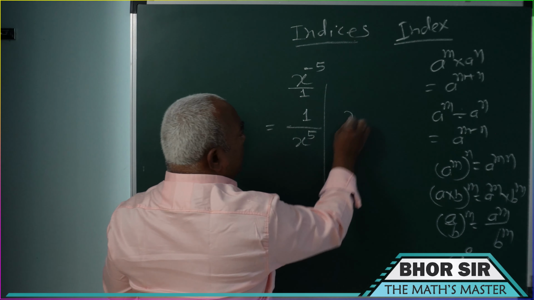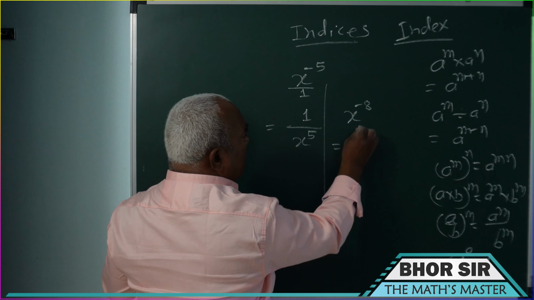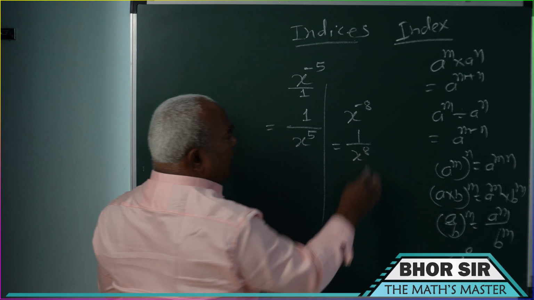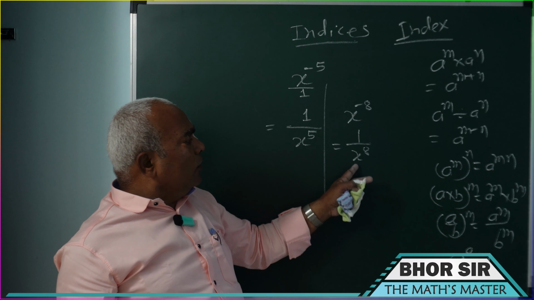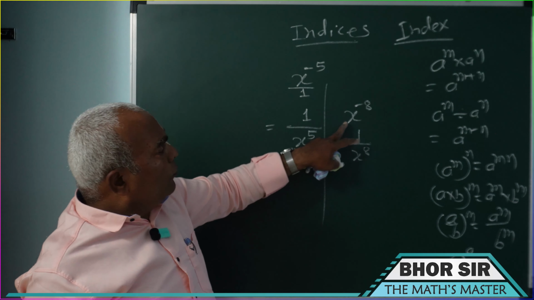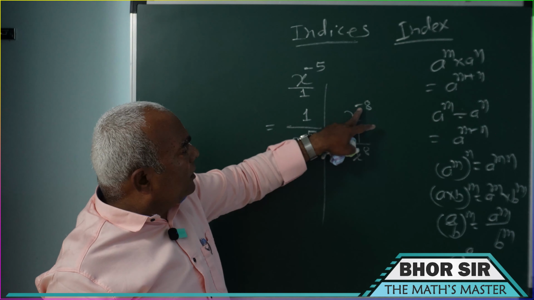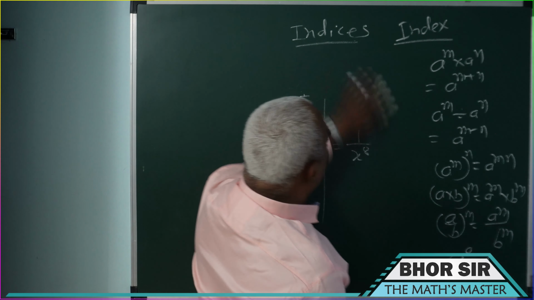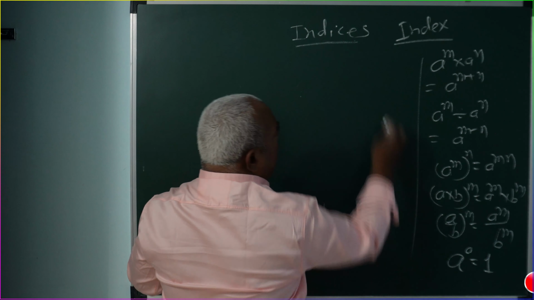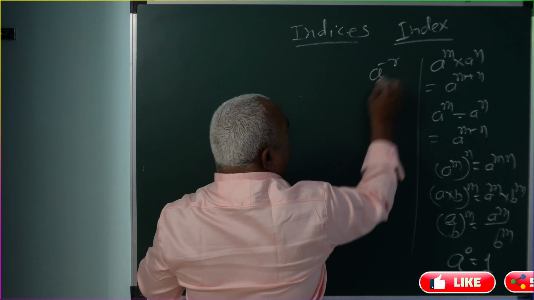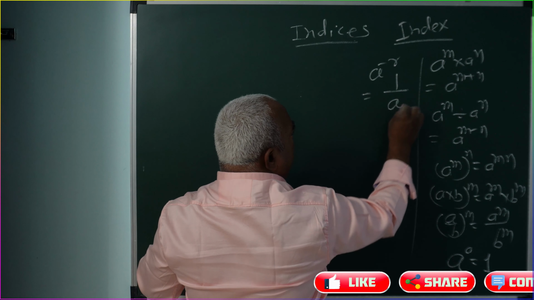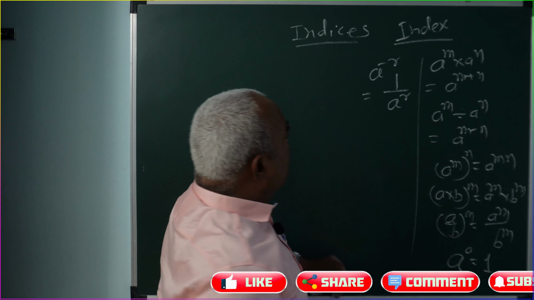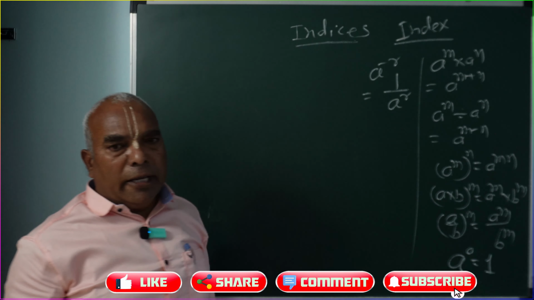See here, suppose x raised to minus 8. We can write 1 upon x raised to 8. Minus goes downside, make the reciprocal. If we make the reciprocal, then the minus index becomes plus. Then in short, we can say that a raised to minus r becomes 1 upon a raised to r. Whatever may be that minus sign, downside it becomes plus sign.